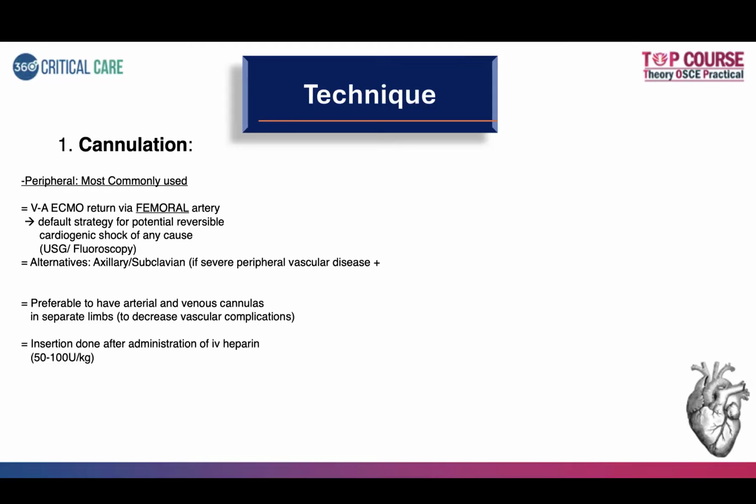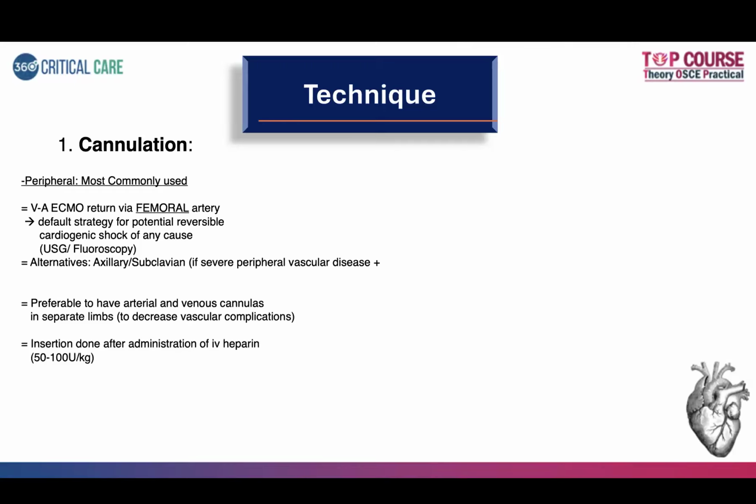And invariably they ask to say you put an arterial and a venous in separate limbs to avoid vascular complications. So usually they do it under ultrasound guidance or via fluoroscopy. This is the percutaneous technique. Whereas the other technique is through a cut down, which is done by cardiothoracic surgeons. That is almost like a surgical procedure. And that can also be done at the bedside itself.